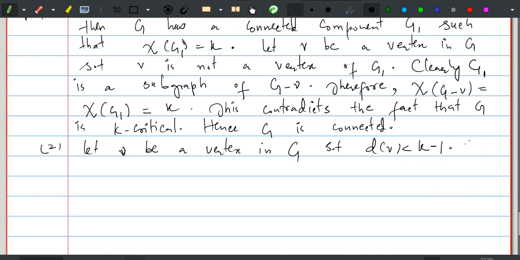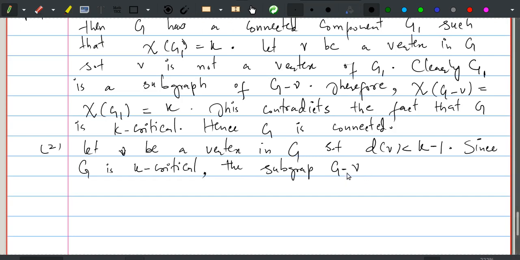So since G is k critical, that means there is a subgraph, therefore the subgraph G minus v has to be k minus 1 chromatic. So this is, G minus v is k minus 1 chromatic.